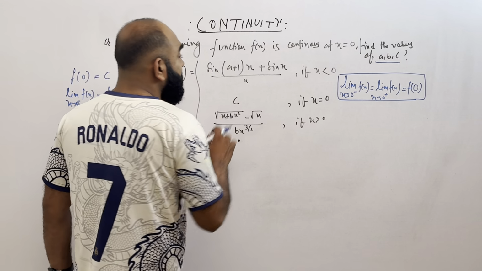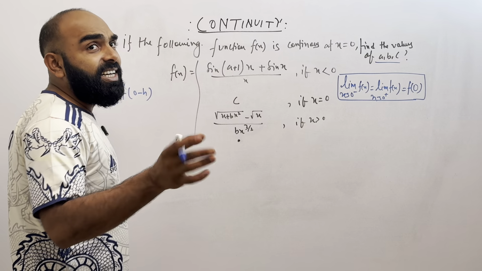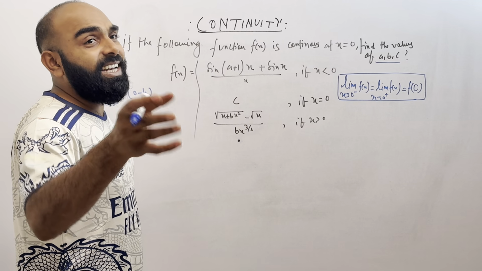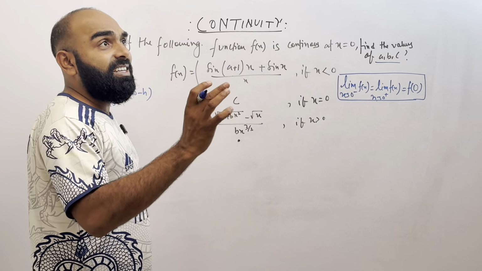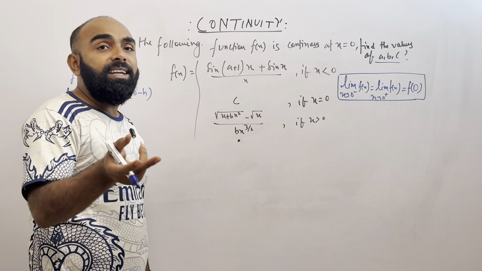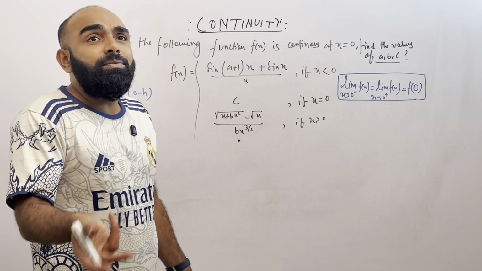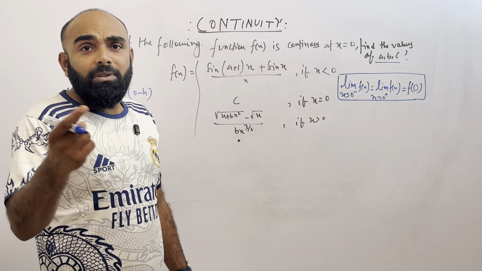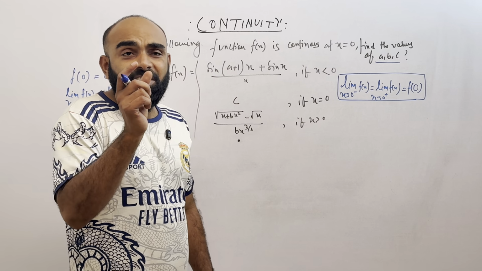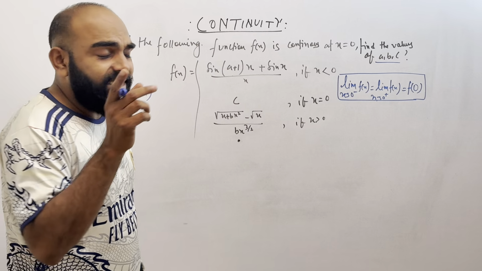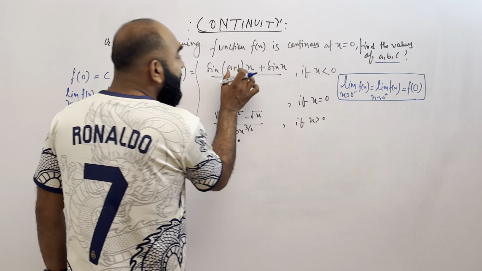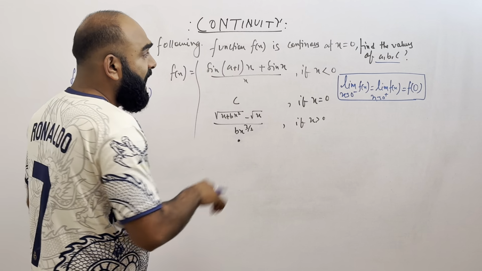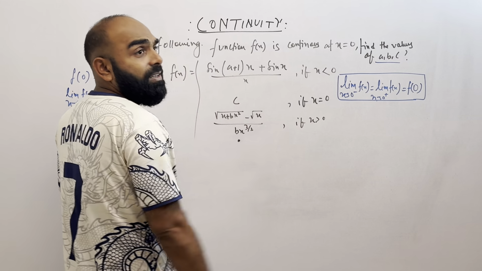You can see in the given function, whatever is written after sine is its angle theta. Sine and cos alone have no meaning. I have to say sine 45 degree, sine 30 degree, sine 90 degree. I have to give some specification after sine. So here the angle is (a plus 1) into x, and for this one the angle is x only.